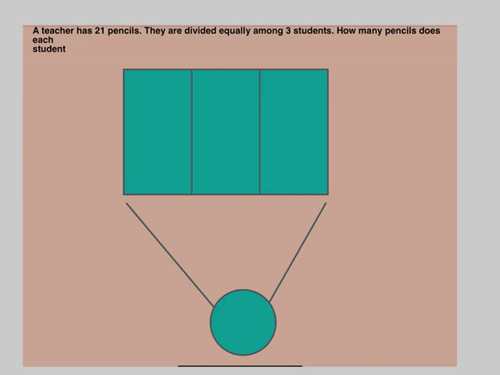The question is, a teacher has 21 pencils. They are divided equally among 3 students. How many pencils does each student get? So 21 pencils, that is the total.